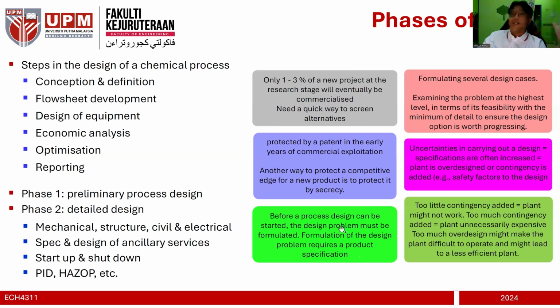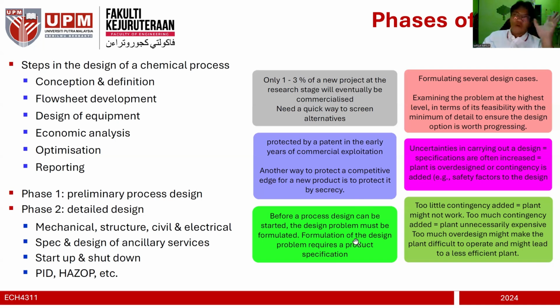So what it says here is, let's say you have created the product. In order to produce that product, you need to know the product purity, for example, composition and stuff like that.